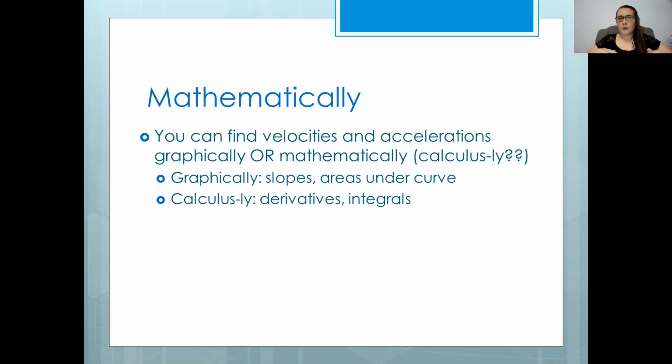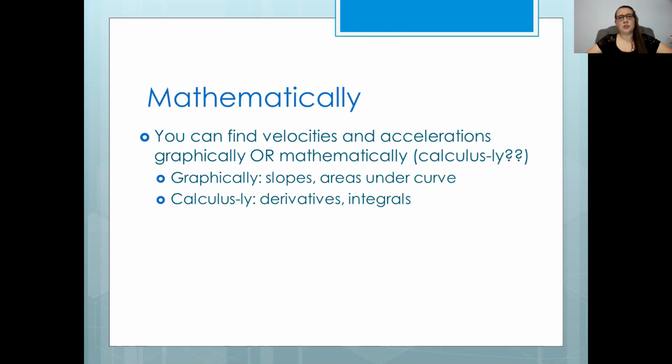We can also go kind of up the stack of curves, because if acceleration is related to velocity, then velocity is related to acceleration. And so when we go up the stack of curves, we're not taking the slope of a line anymore. We're taking something called the area under the curve, or the calculus word for that is an integral.